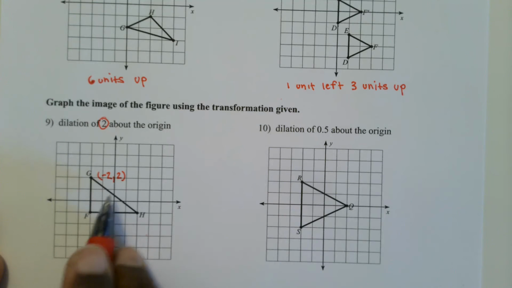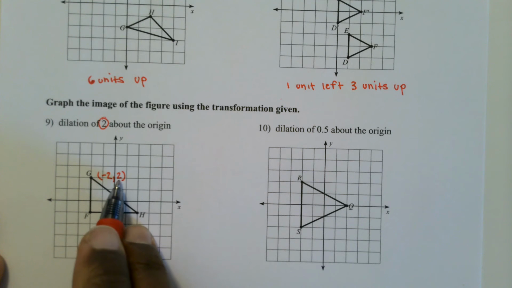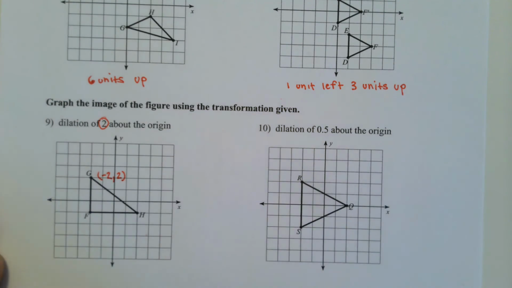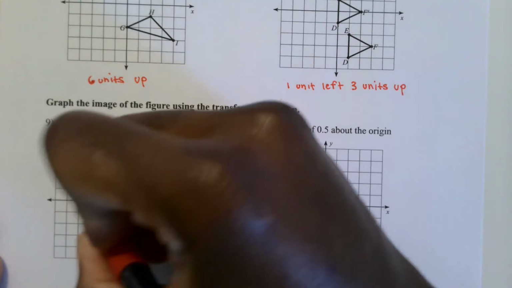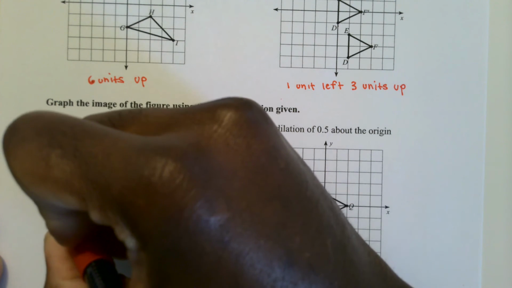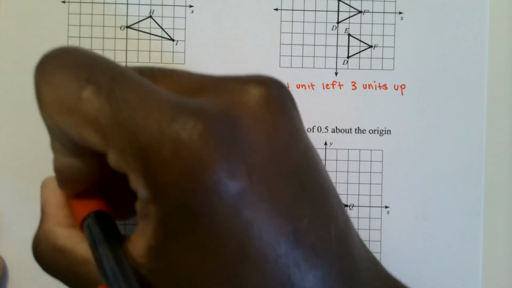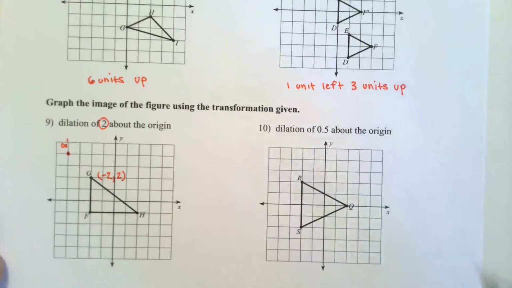If we double those two coordinates, that's going to give us -4 and +4, right? So let's go ahead and graph that new point, -4, +4, to identify G prime. All right, so we're moving to the left, 1, 2, 3, 4, and up, 1, 2, 3, 4, and that's going to create G prime right up there.